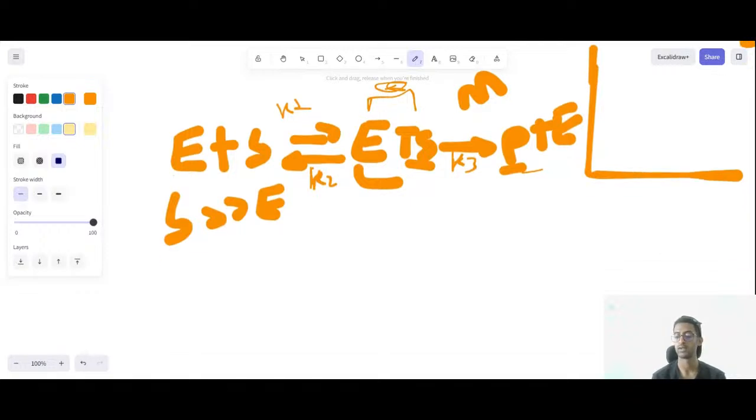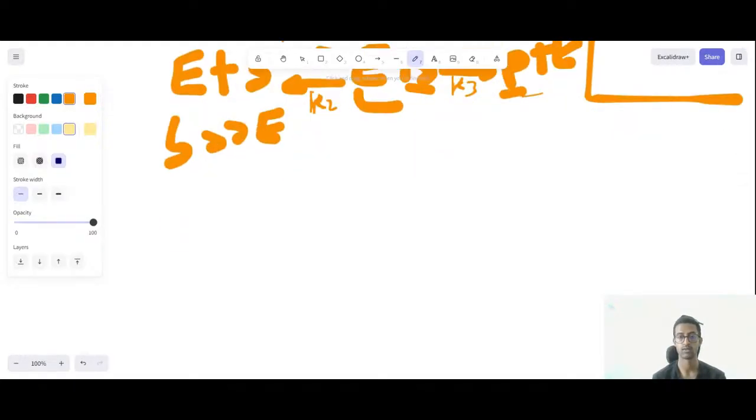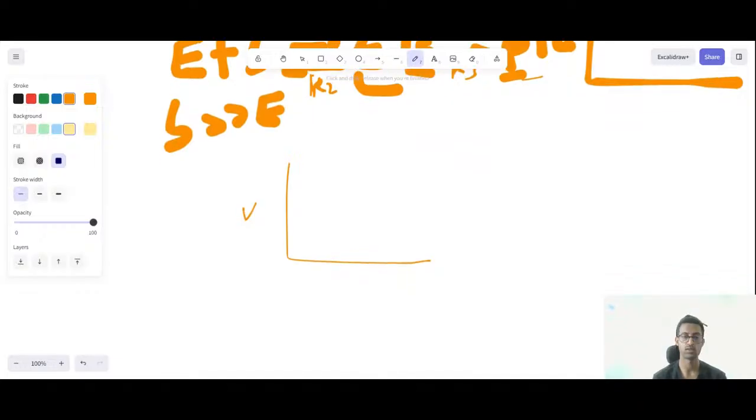So to determine the speed of the reaction, the overall substrate determines the rate of reaction, the velocity. So let's plot velocity V against substrate.